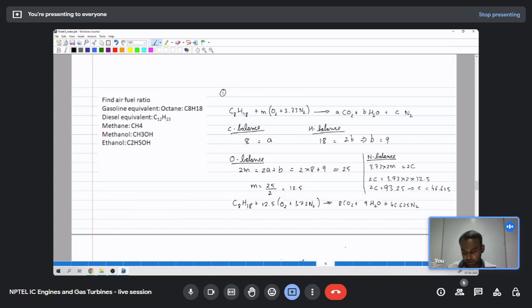So similarly, we can calculate the equivalent air fuel ratio for diesel.